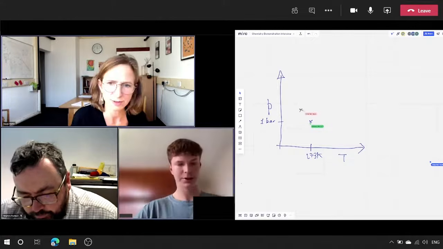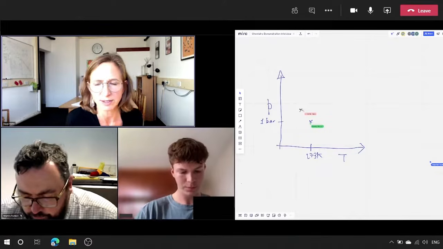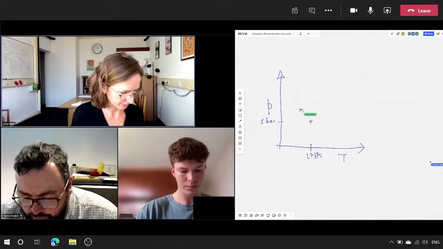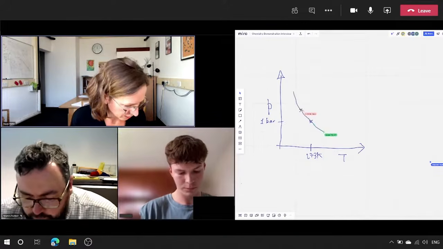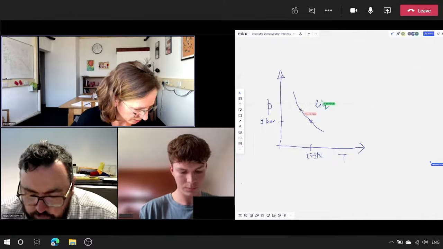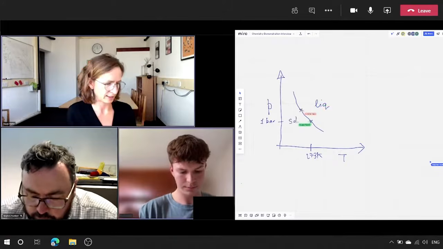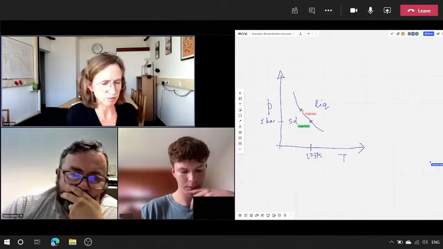Absolutely. Good. So in fact, for liquid water, although it's a very steep line, we're going to exaggerate this curve, but there is a curve like this. On the right-hand side of that, we have the liquid region, and over here we have the solid region. We're just drawing a part of the phase diagram which is very close to the freezing point of water.